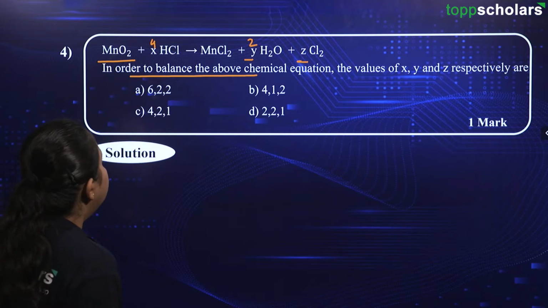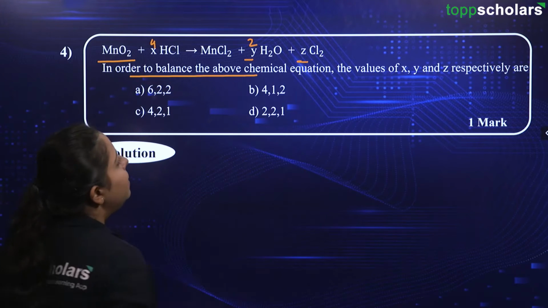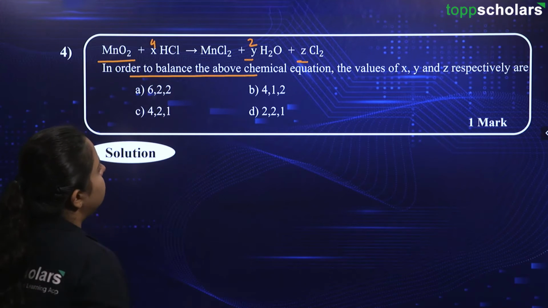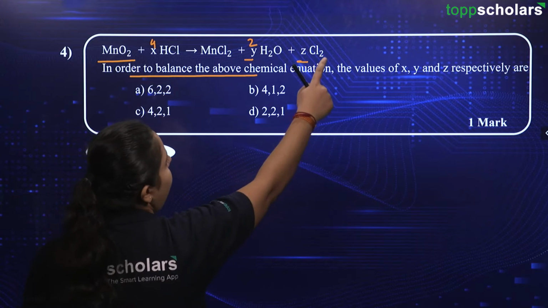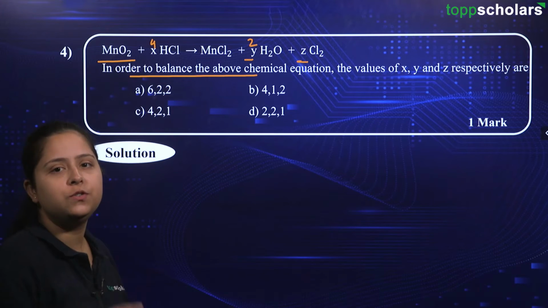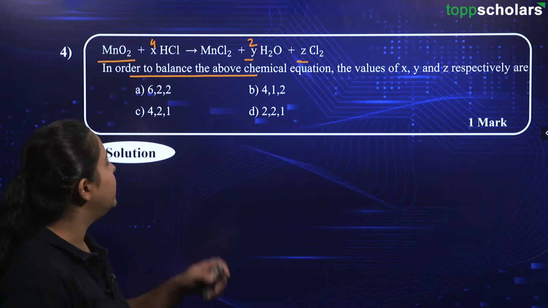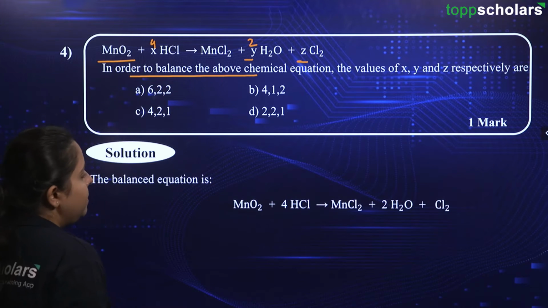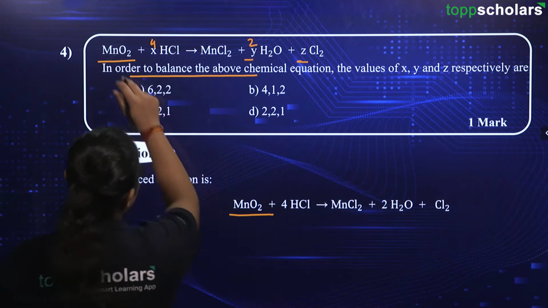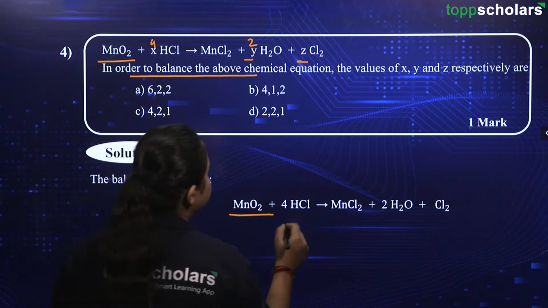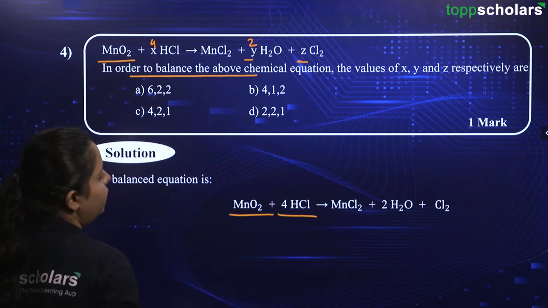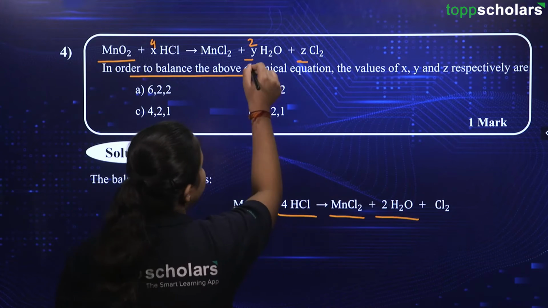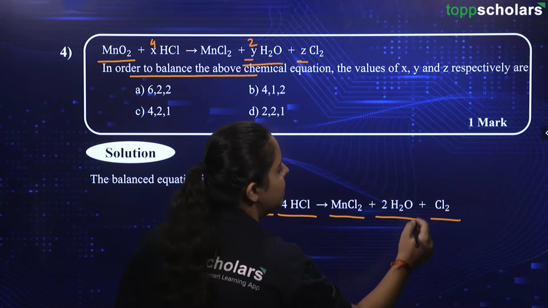Now we are left with Cl atom balancing. Over here we have 4 Cl, right? Over here we have 2 and over here we have 2. 2 plus 2 is 4. So I guess our equation is balanced. The balanced chemical equation is MnO2, as we have kept it, plus 4HCl gives MnCl2 as it is, and then we have 2H2O, and Cl2 is 1.